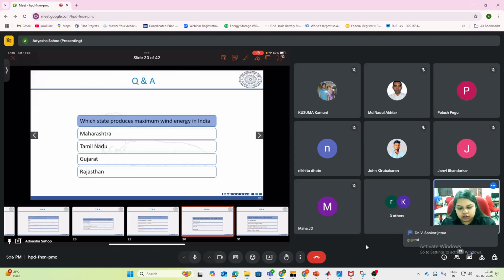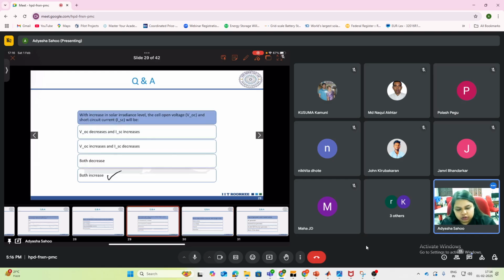Gujarat. It is actually another coastal state, not Gujarat. It is Tamil Nadu from the south.